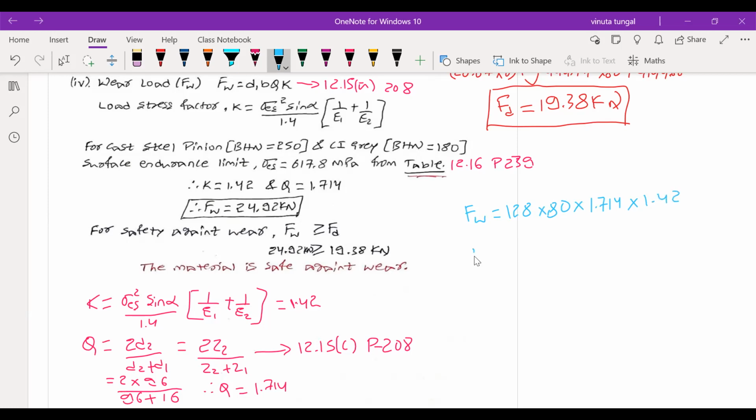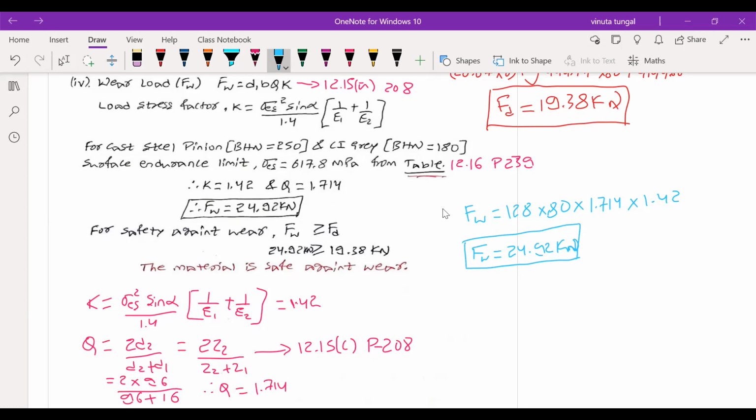Therefore, the wear load obtained after calculating this will be 24.92 kilonewton. This is the wear load.